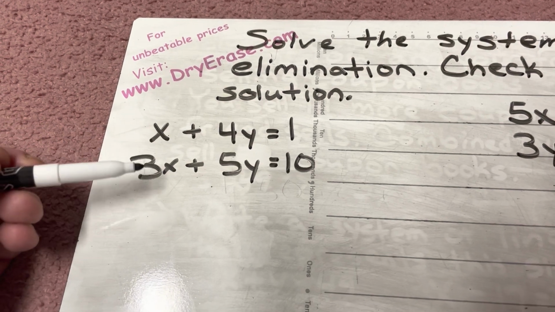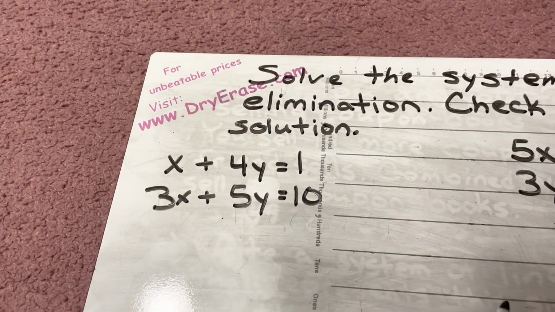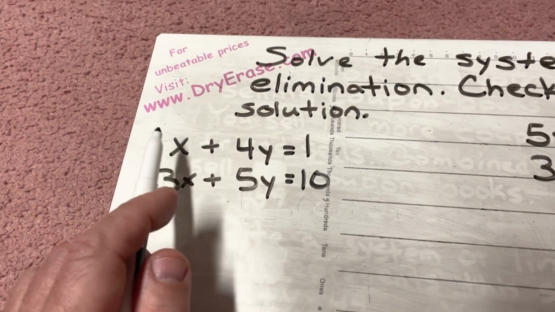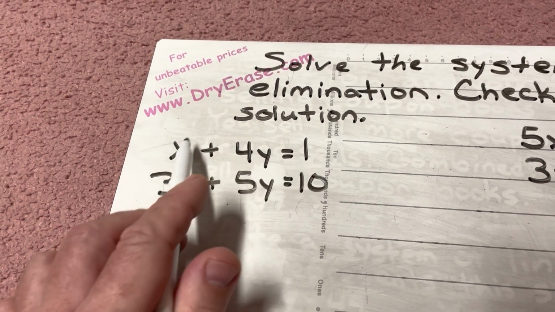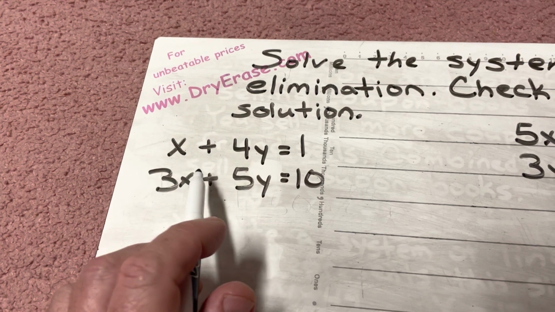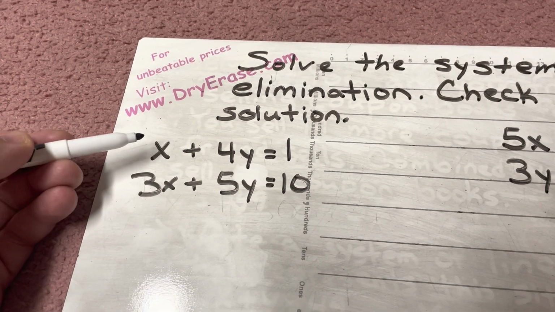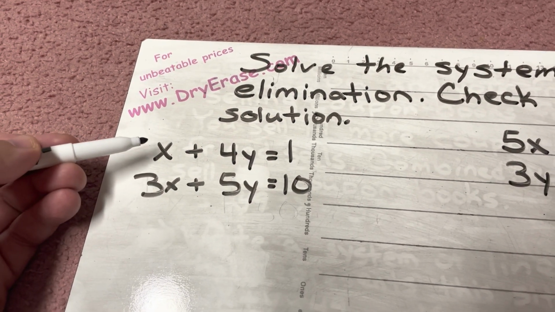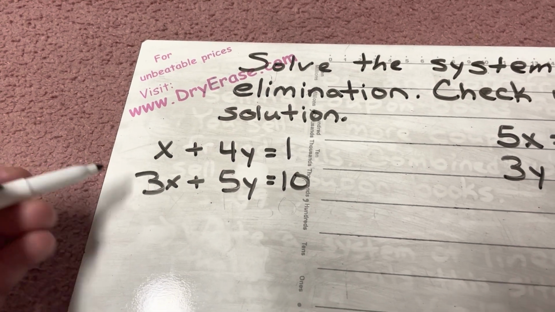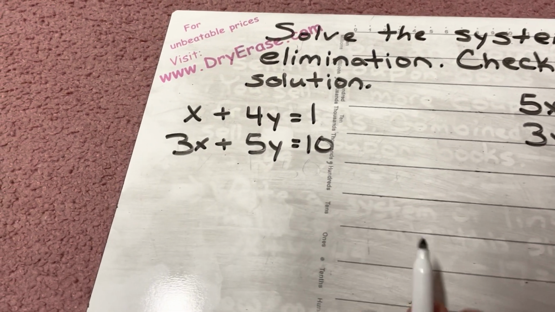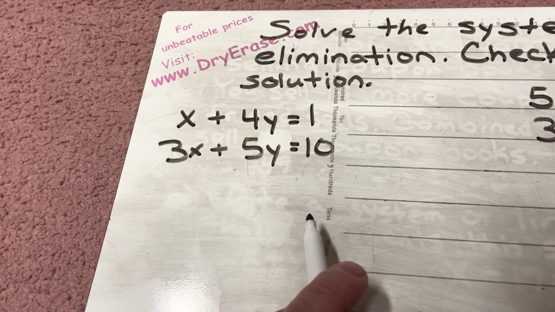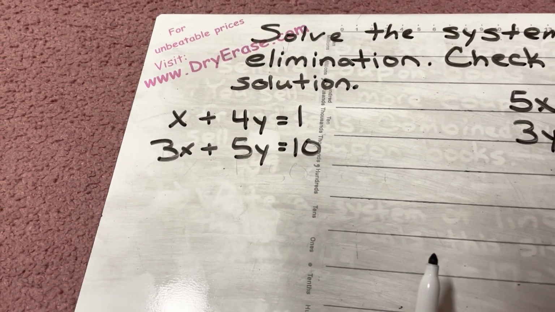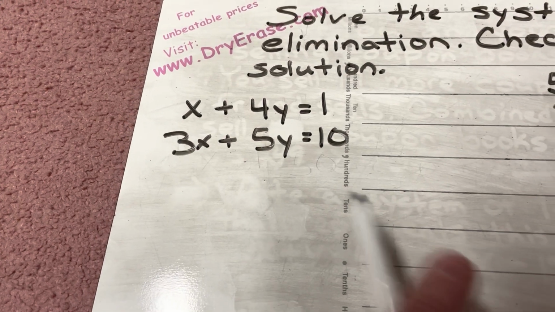So I'm going to look at the x and the 3x, and I'm going to say, well, I can multiply this first one by 3. Because if I multiply this by 3, this one's going to be 3x, and this one's also going to be 3x. Sometimes, as you're going to see in the second example, I've got to multiply both of them to change. And so we'll talk about that later.